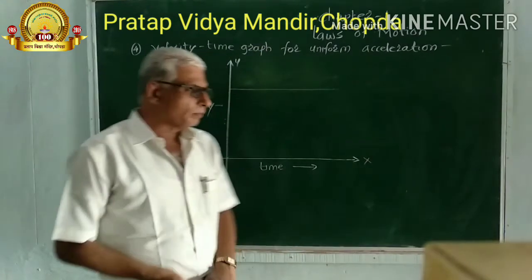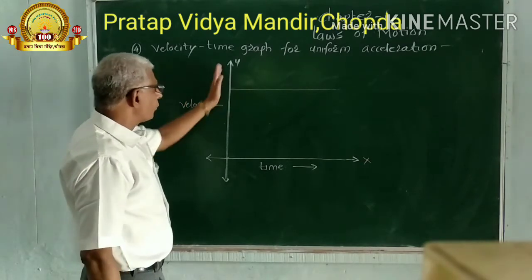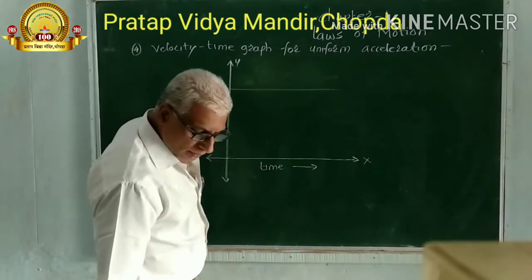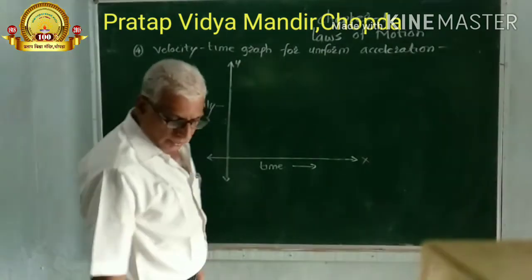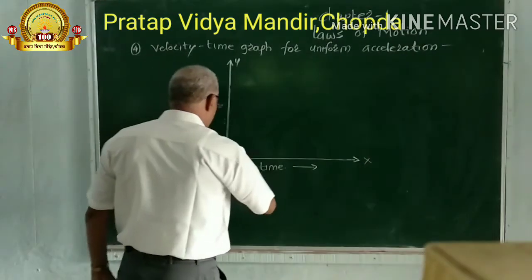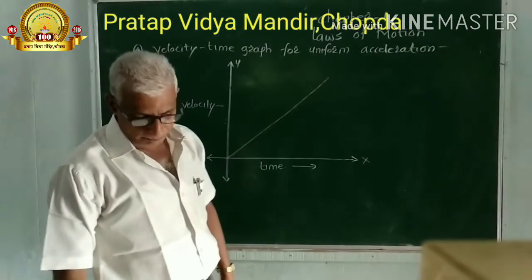Here also we have to draw the graph, velocity taken on the y-axis and time on the x-axis. The graph becomes again a straight line.